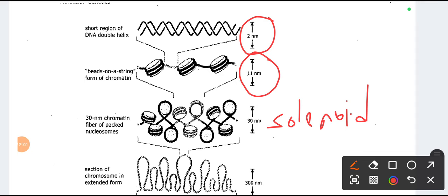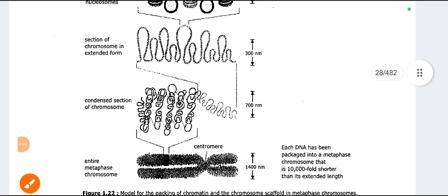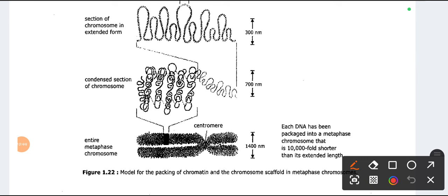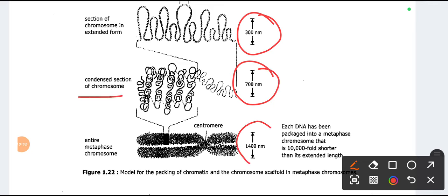After the solenoid structure there is 300 nanometer, which forms a kind of loop. Then 700 nanometer, a more condensed form, then lastly 1400 nanometer.